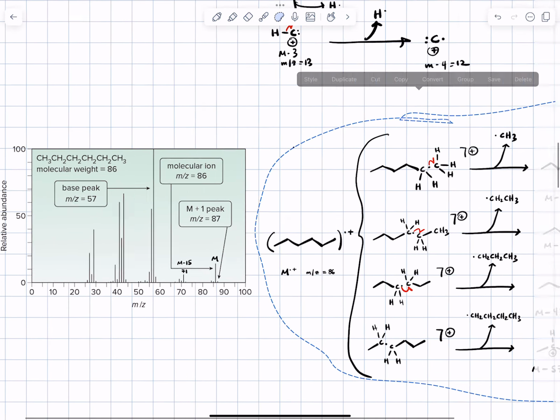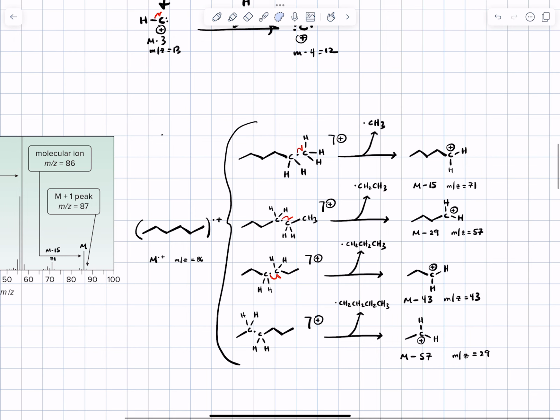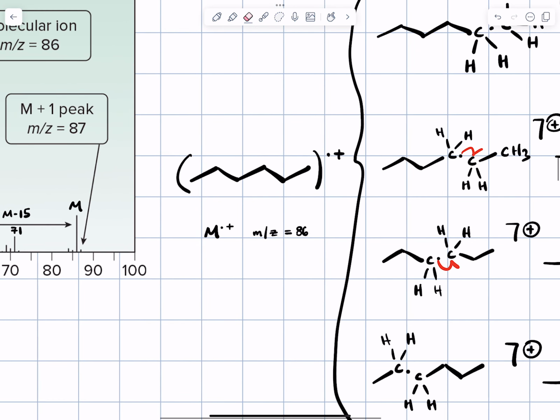The idea here is simply that there are a lot of bonds in hexane, and I could have removed an electron from any of them, and then based on fragmentation after that, I might see different peaks in the mass spectrum.